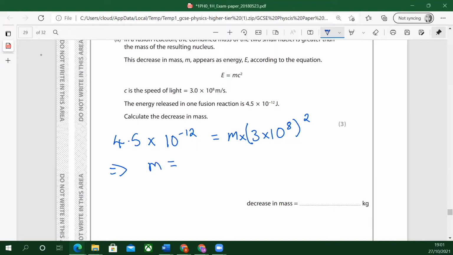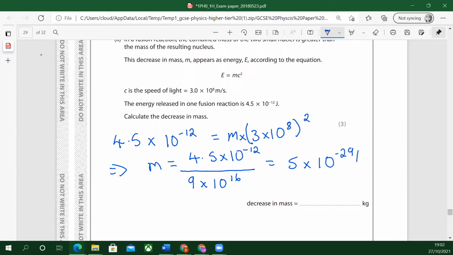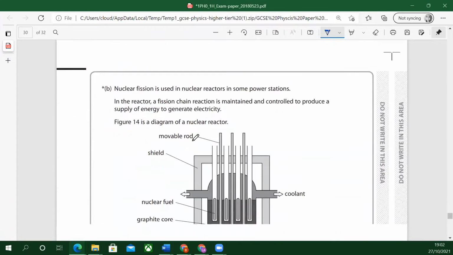So m equals 4.5 times 10 to the minus 12 divided by 9 times 10 to the 16, because 3 squared is 9 and the power is squared, remember from maths. And the answer is 5 times 10 to the minus 29 kilograms, and it's already written for us there. So that's just putting numbers into an equation and rearranging it. Really nothing too bad there.